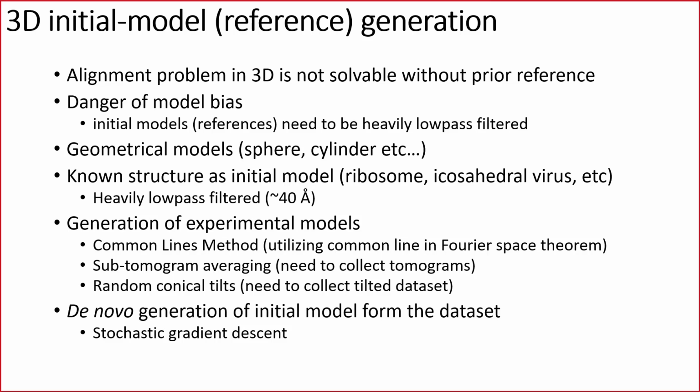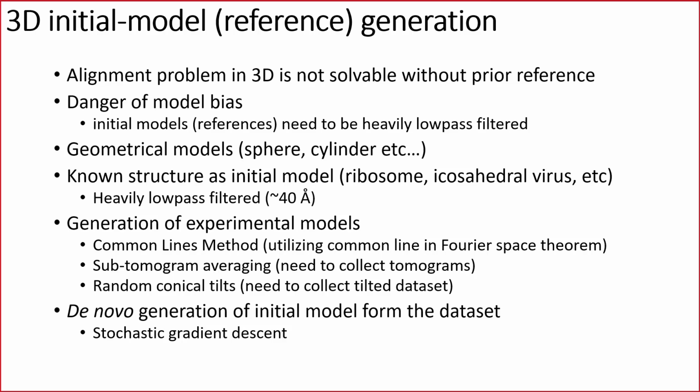Then, of course, you can generate your de novo model from your experimental data. This can be done by a very well-known common line method that Dr. Novacek already told you about in one of his presentations. We can also do subtomogram averaging, where we don't have only two-dimensional data, but we have three-dimensional data with some missing information.